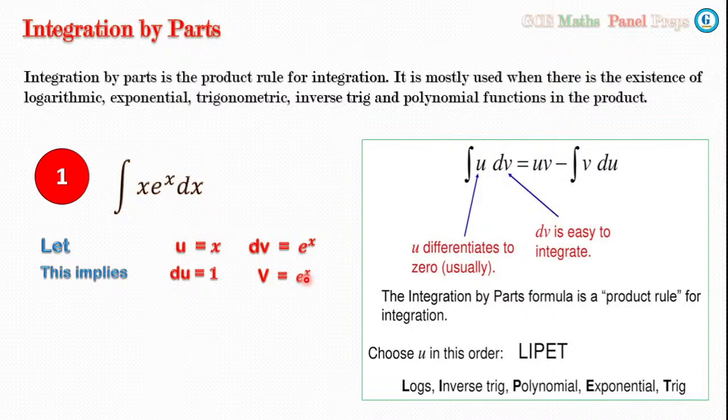Okay, so the formula for this type of integrals is given by, when you have the integral of u dv, where one function is the u and the other function is the dv, as soon as you correctly choose your u, the integral becomes uv minus the integral of v du. And this rule actually comes from the derivative of a product.